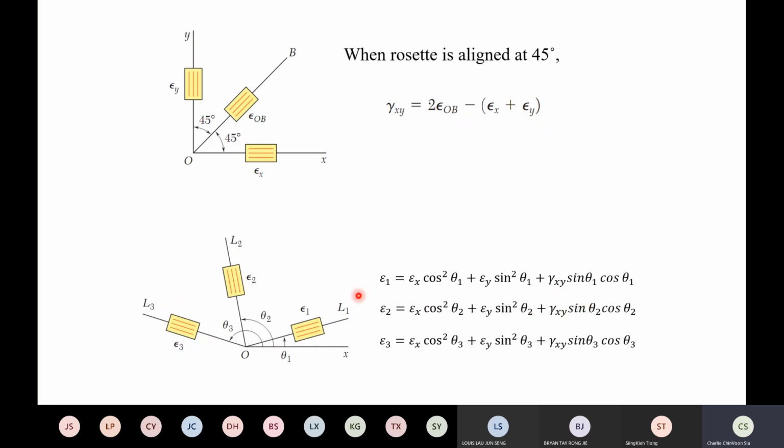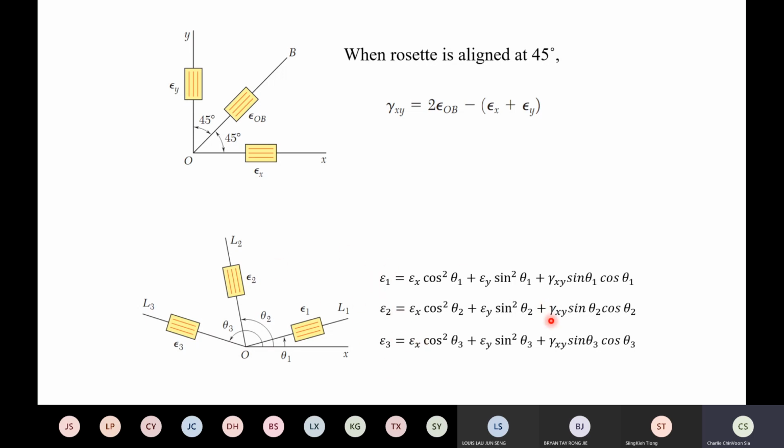So you attach the strain gauges at different positions, and the angles are known: theta 1, theta 2, theta 3. The measured values are strain 1, strain 2, and strain 3.